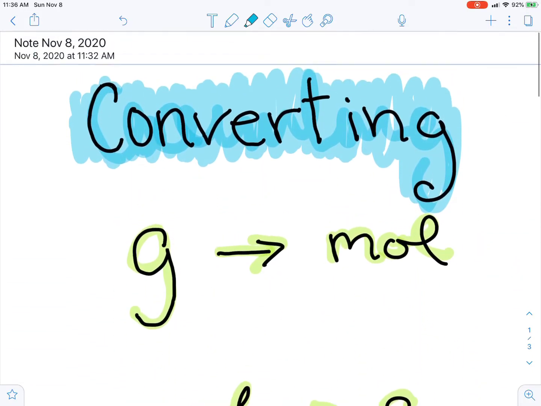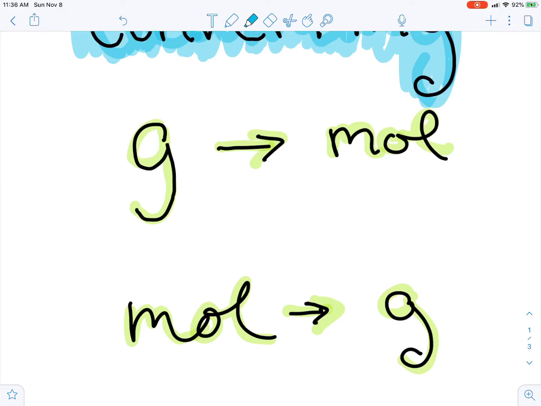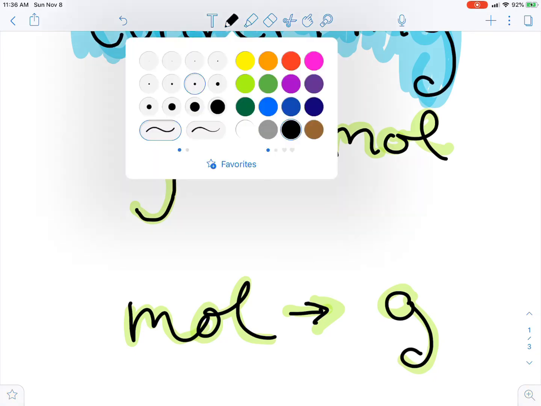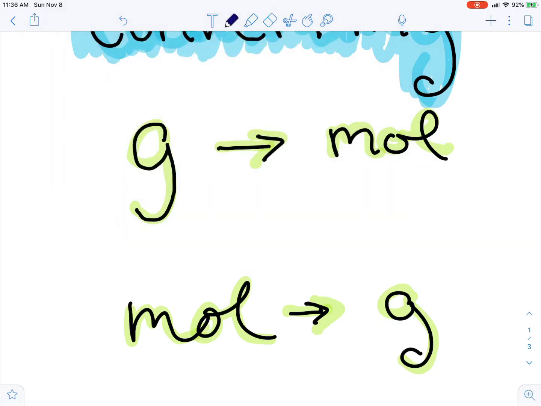Grams to moles. All right, so if we're going to do grams to moles, let's get a nice pretty color to start with. I'm making this problem up. I'm not really too worried about what it's going to be.